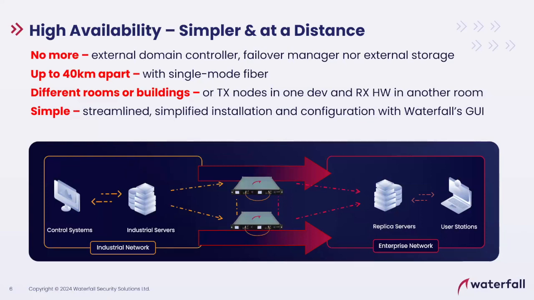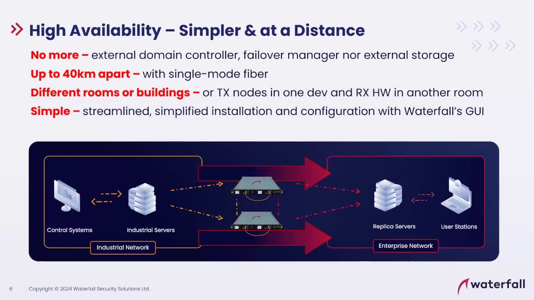High availability is simpler now. Yes, you have a couple of extra wires to run because you have two network appliances, two Waterfall 600s. You run the wires because all of the data, all of the time, must go through both devices. Because on the receiving side, there's no way for the receiver to tell the sender, hey, I'm alive, hey, I'm dead.